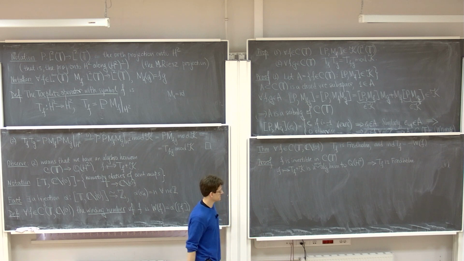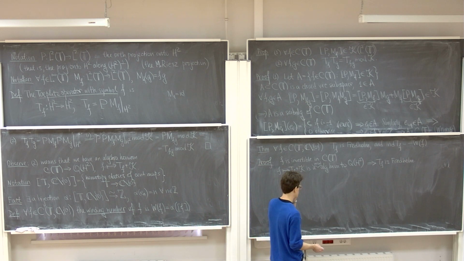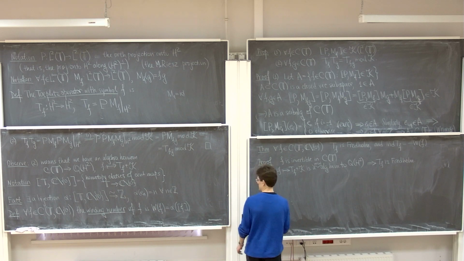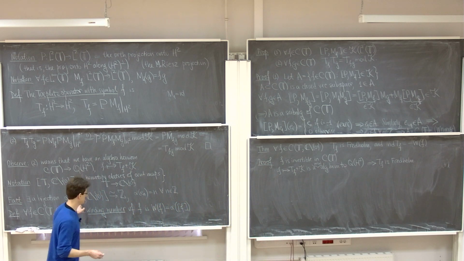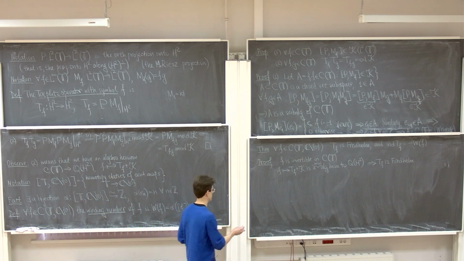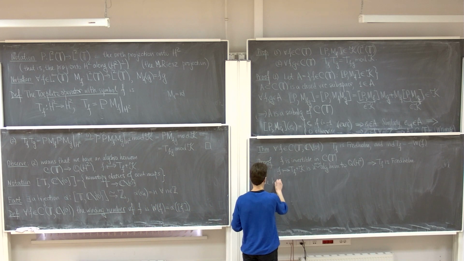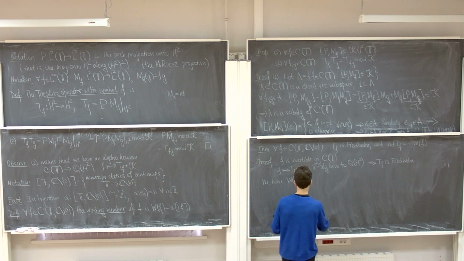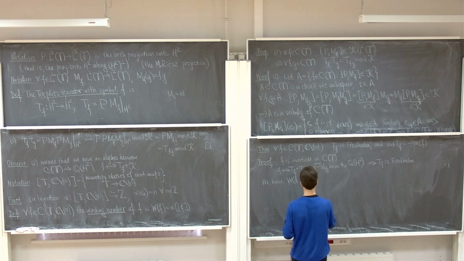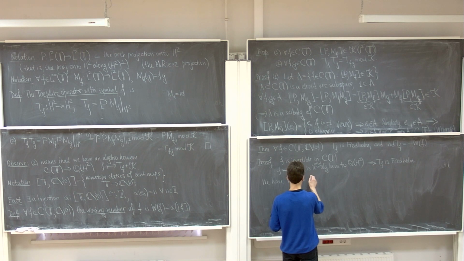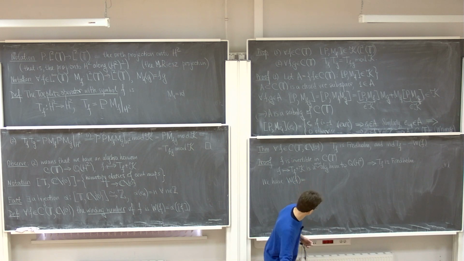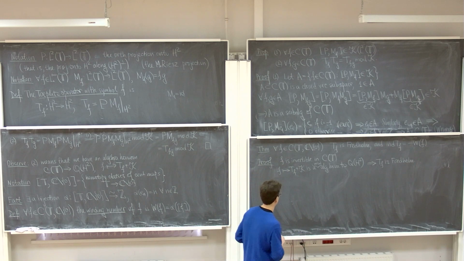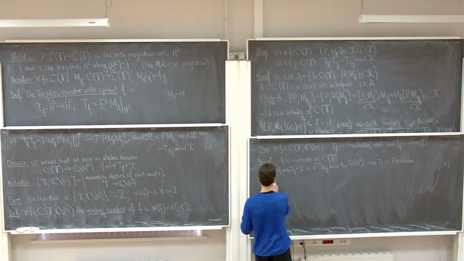Okay, now let's calculate the index. Well, since alpha is a bijection, let's just denote w(f) by n.